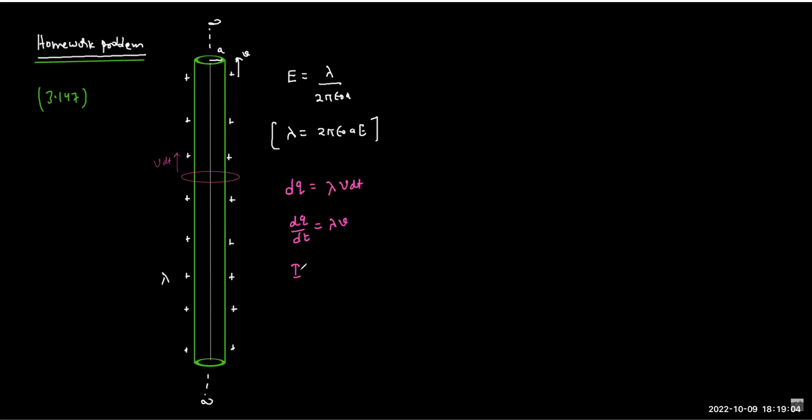Neither do we have an internal field nor an applied field; rather, we have simply taken the charge and moved it. So this is called convection current. The answer is lambda into v, but because lambda was not given, we use the relation above, so the I turns out to be 2 pi.